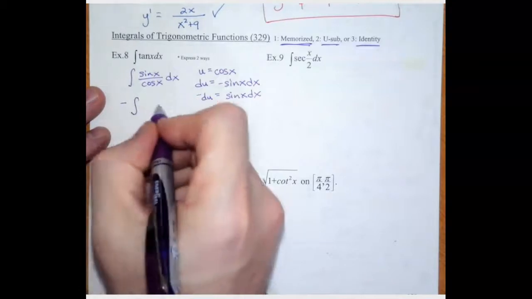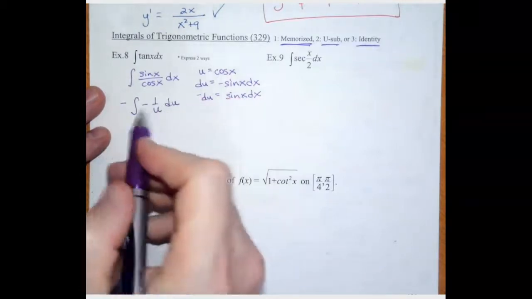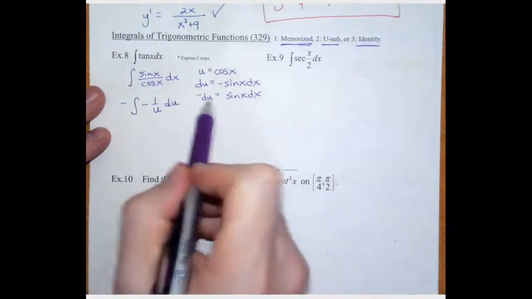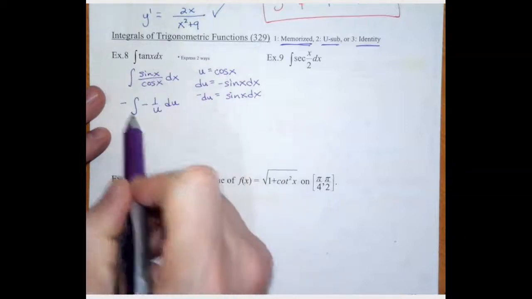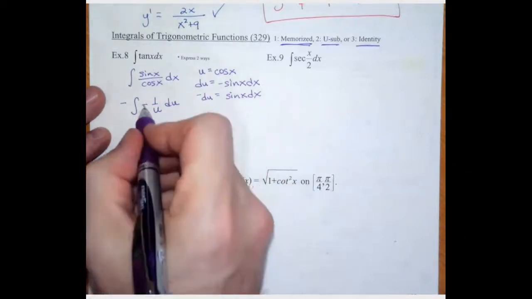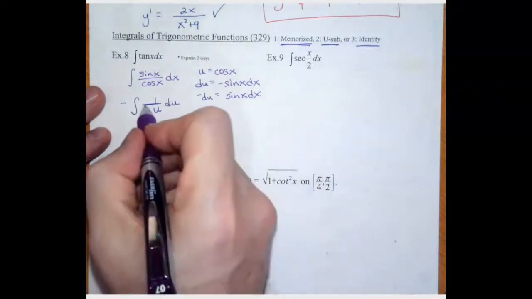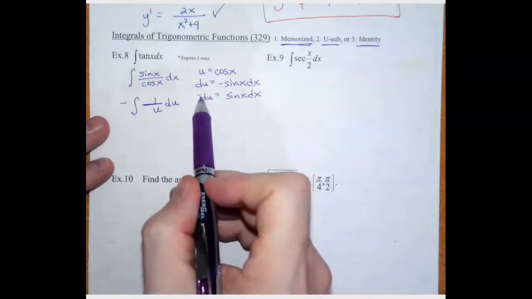So now we have negative 1 over u du, because sine x dx can be replaced with negative du. Wait a second, I think I have an extra negative on there. I already factored it out. I shouldn't have had two negatives there. That's where the negative comes in.